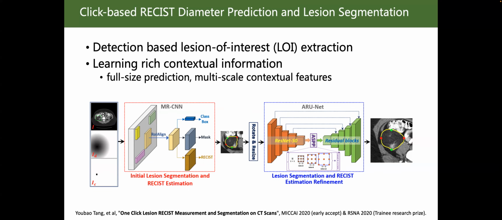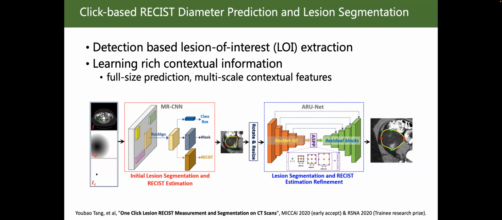The first component, MRCN, is used for simultaneous lesion of interest extraction, initial lesion segmentation and the RECIST estimation. So one click guidance provided by the radiologist is required as the input of the MRCN to effectively inject the one-click guide information into the model.